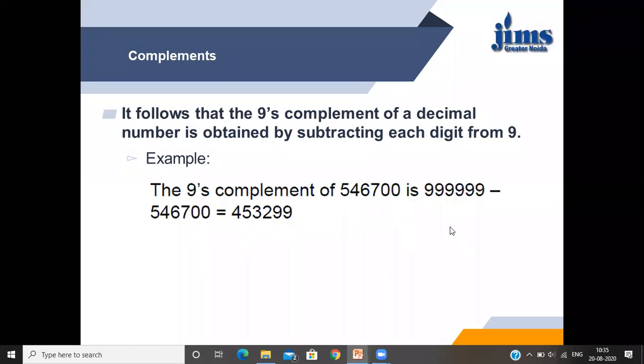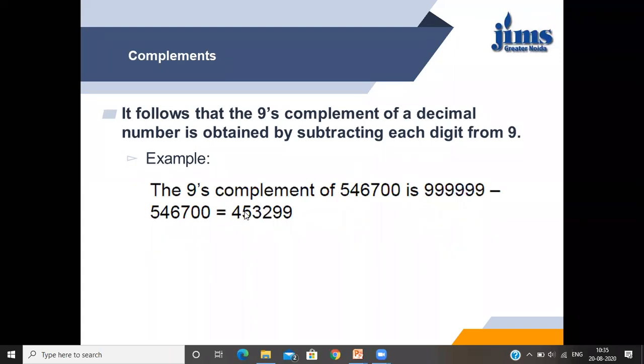The number of digits is 6, so 6 nines minus this particular number gives 453299. Or simply if I subtract each digit: 9 minus 0 is 9, 9 minus 0 is 9, 9 minus 7 is 2, 9 minus 6 is 3, 9 minus 4 is 5, 9 minus 5 is 4.